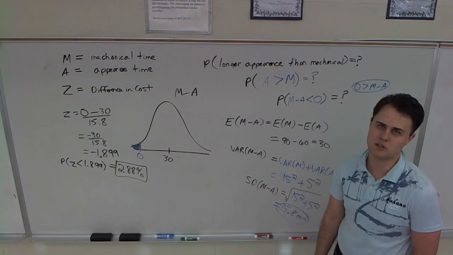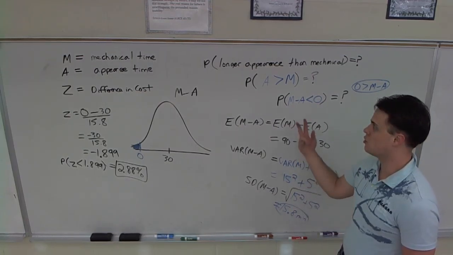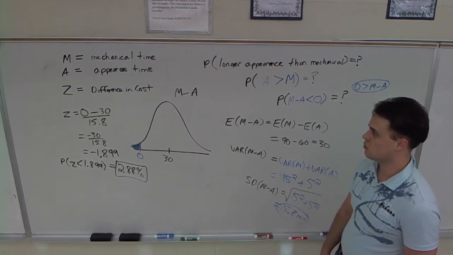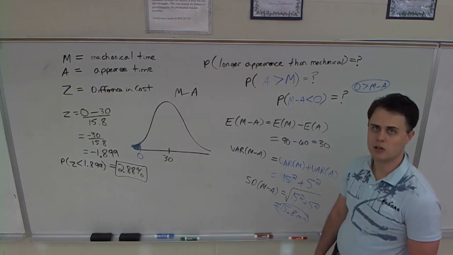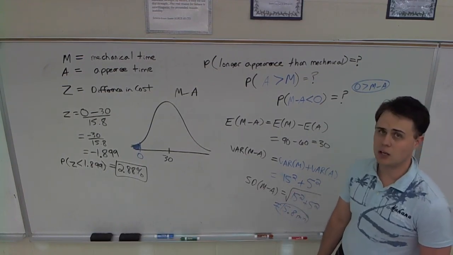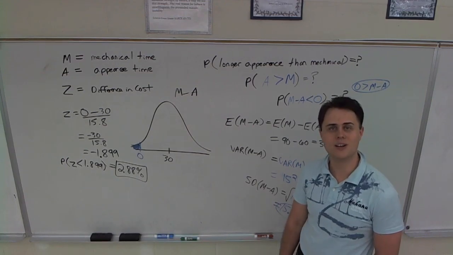You're going to be comparing these to 0 in this type of problem. So variances always add, write your statement carefully in terms of 0, and what's the other thing that might be a little bit tricky? I don't know if there is anything else. I think that's about it. Oh, and also with variances, you're pretty much always going to be working with square numbers. Okay, I'll see you next time.